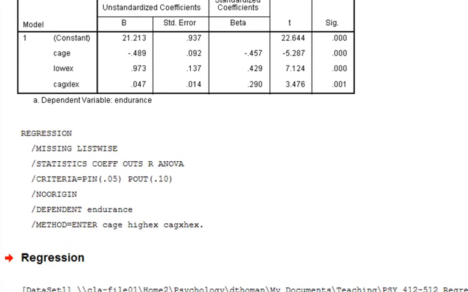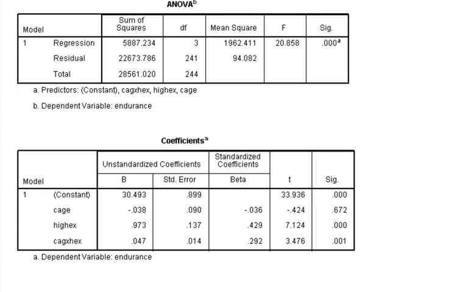Now we run this analysis, and what we notice is that the coefficient associated with age is no longer statistically significant. Again, we ignore the coefficients for the high exercise variable and the interaction. What this model tells us is that the effect of age on endurance is not significant for people who exercise a lot.